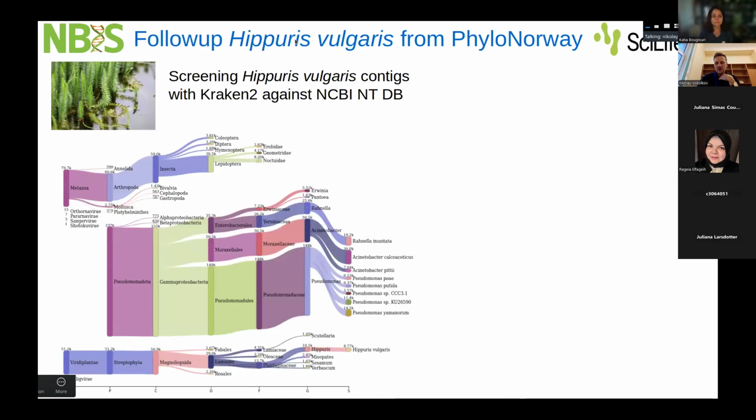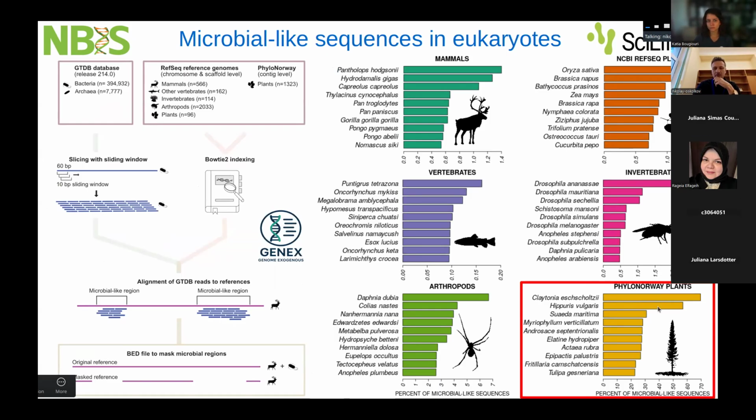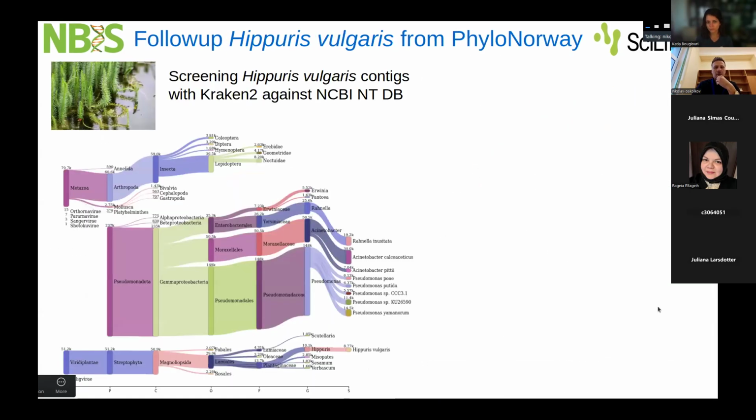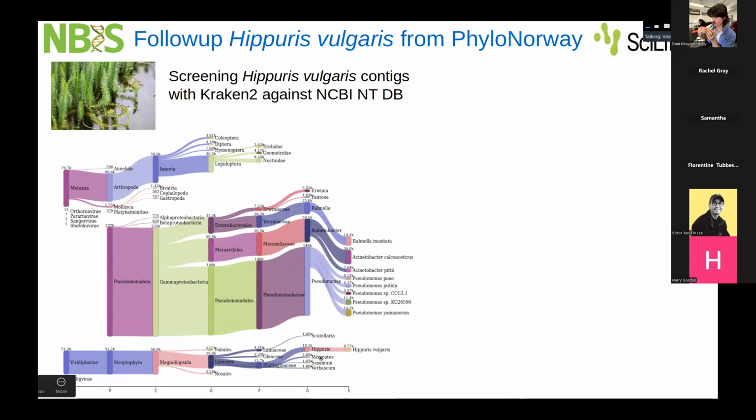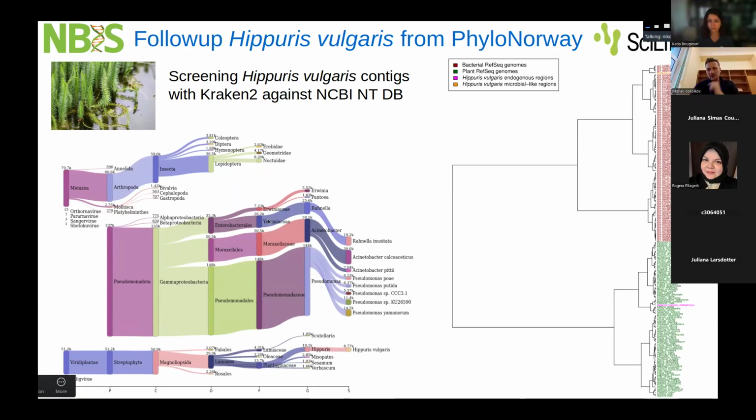We were checking this Hippuris vulgaris, which was number two, the most microbial-like or least endogenous reference genome. All these Kraken screens show that although there are contigs that look like plant contigs, the majority were actually bacterial. And we also did a phylogeny type of analysis.